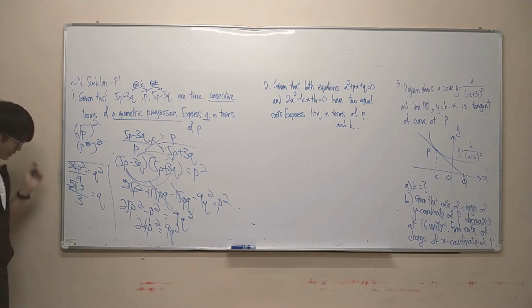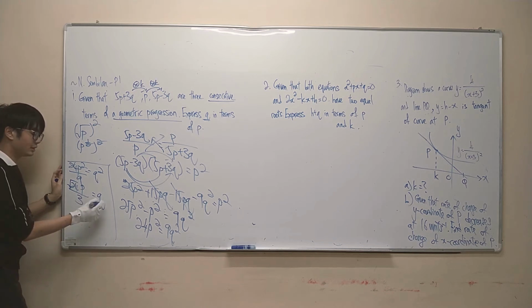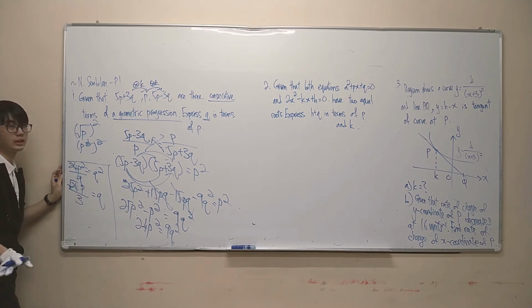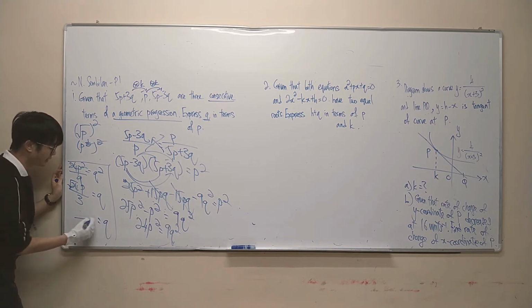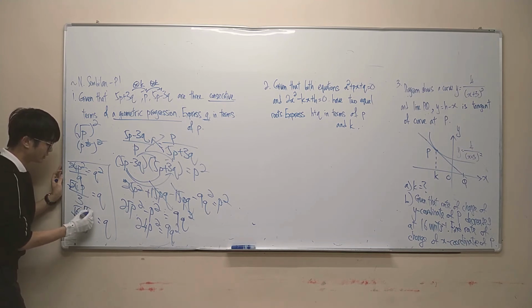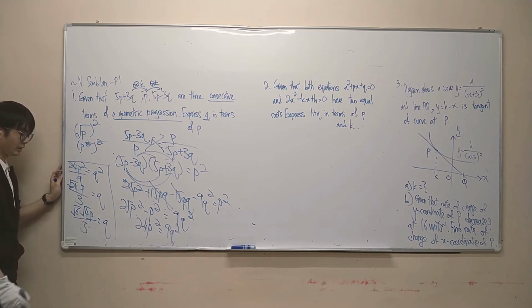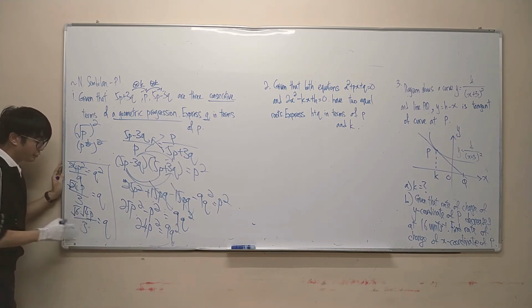So, can you still simplify this? Actually, you can. But I think you leave your answer here also good enough already. Okay, but actually you can still simplify. So how you simplify? The square root 24 you can change to square root 6 times square root 4, like this. And square root 4 is 2.